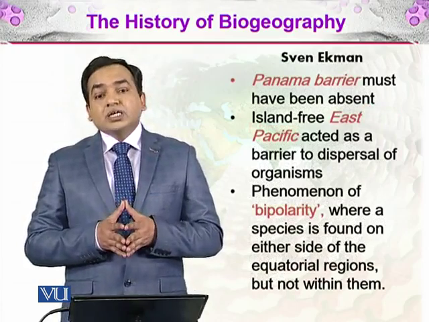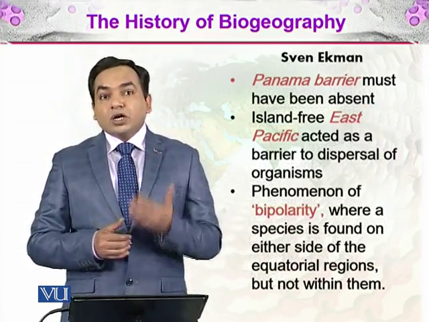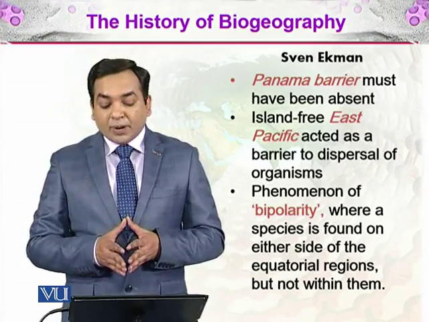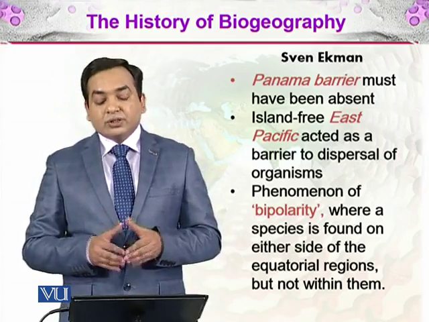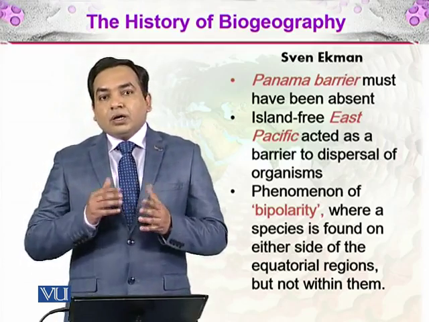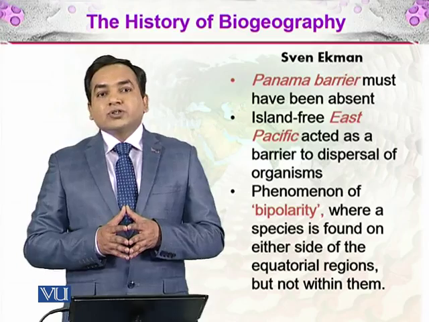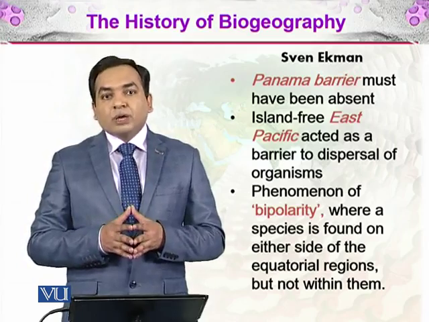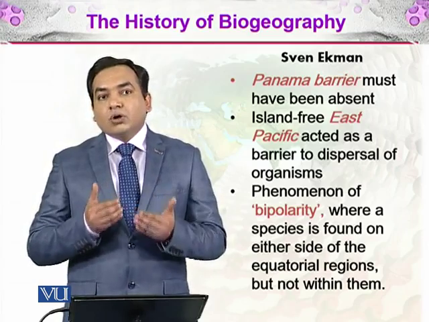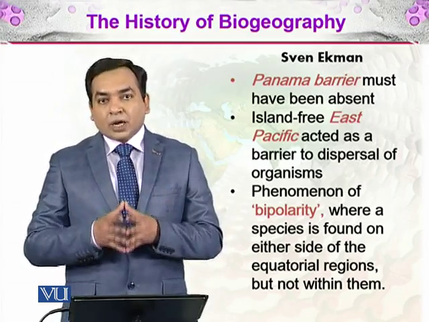The work of Sven Ekman also included the Panama Barrier. He said that the Panama Barrier must have been absent in the past. So, what is the Panama Barrier? The two continents, North America and South America, are joined through a strip of land on which we have Panama.